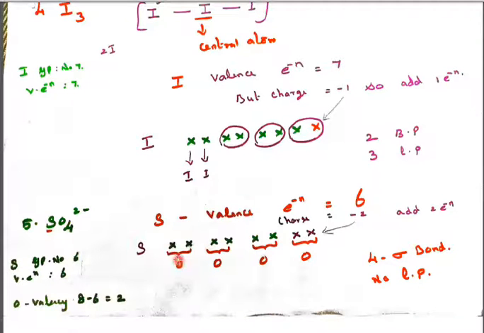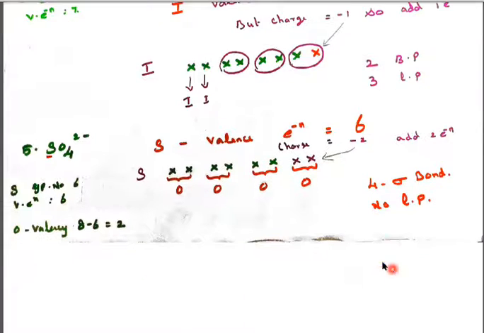So 2 electrons are taken by 1 oxygen, the next 2 electrons by another oxygen, the next 2 by a 3rd oxygen, and the last 2 electrons by the 4th oxygen. So there is no lone pair at all. We only have 4 sigma bonds and no lone pair.